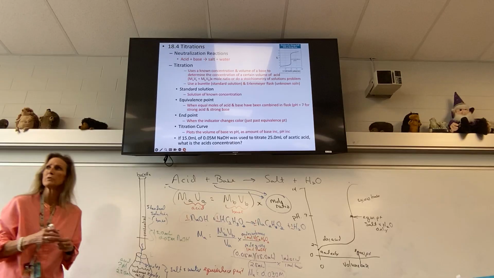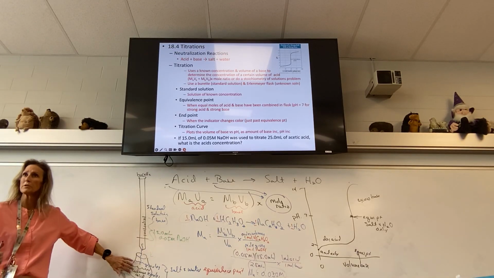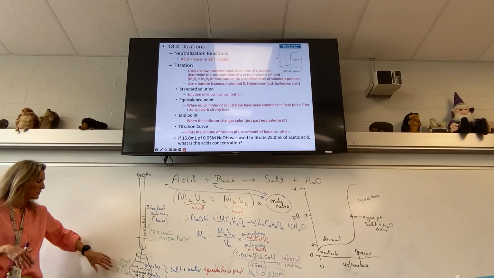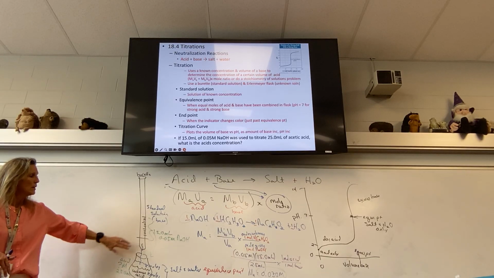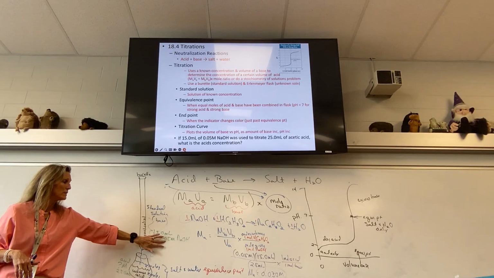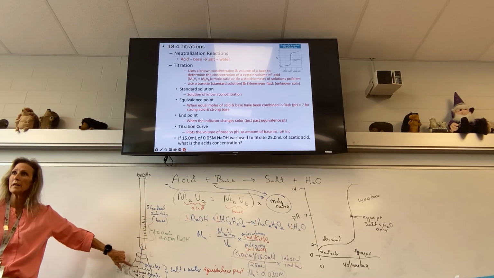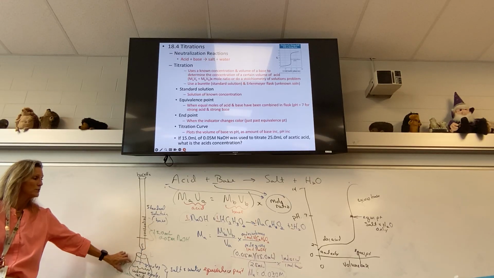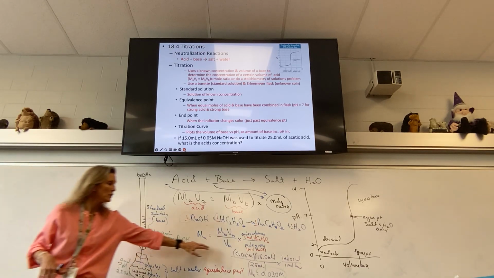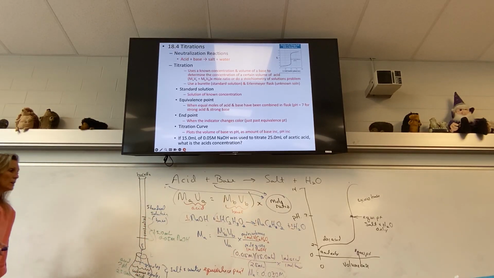And so that's what you'll do in the lab on Thursday. You'll start with a certain volume of the acid. We don't know its concentration. You're going to have a certain concentration of base. And through your indicator, you'll know how much base you're going to add. And then you'll plug it in here to figure out the concentration. So the concentration of this acid is 0.030 molar.